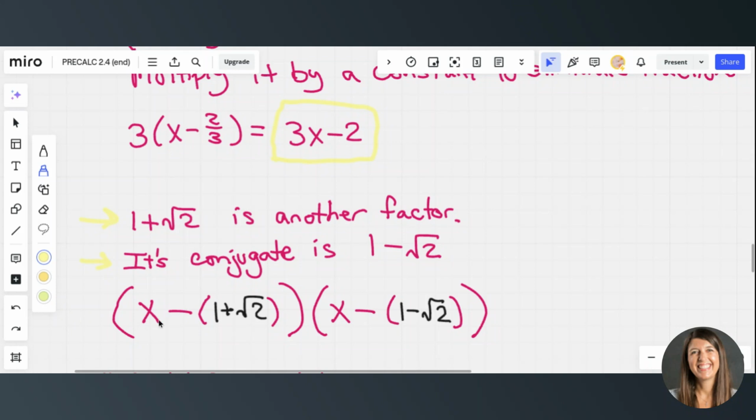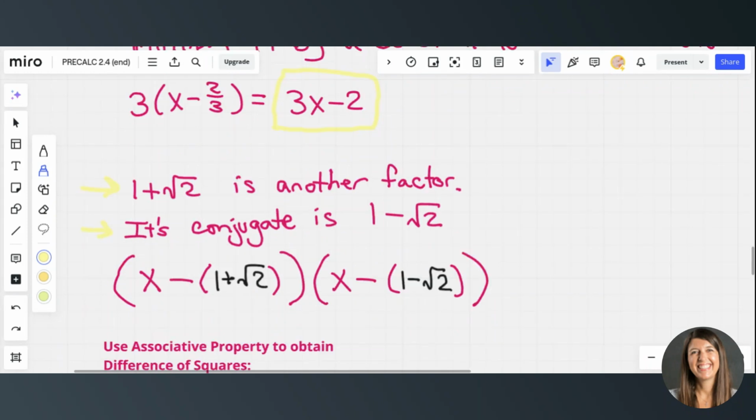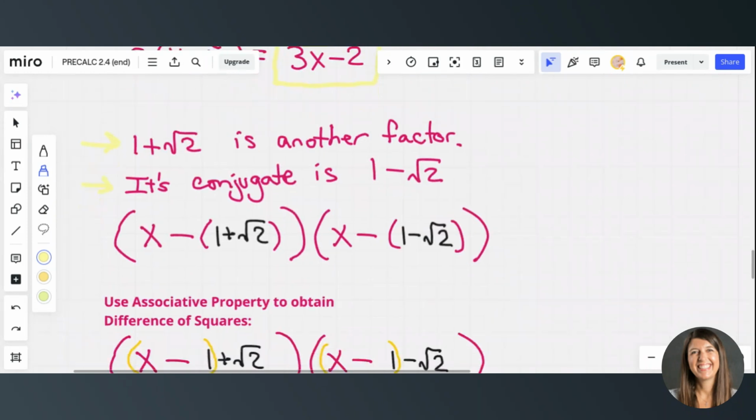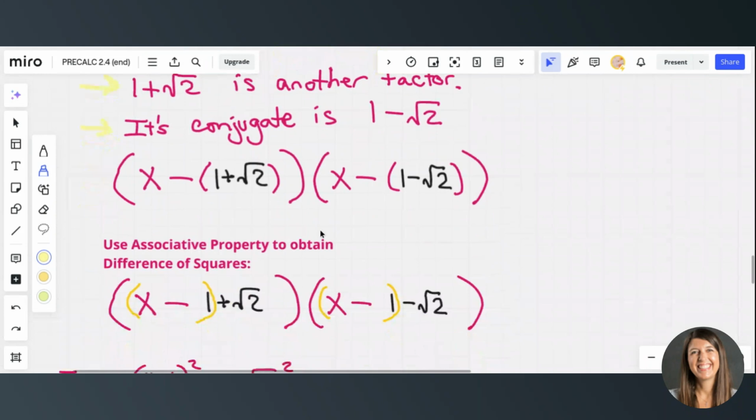So I'm going to show you, I mentioned it earlier, how to foil this. There's actually a trick. If we use the associative property, we can obtain a difference of squares. So instead of my parentheses being here and here, I'm going to use the associative property and move my parentheses over to the beginning of that factor. So it's going to be x minus 1 in parentheses and then x minus 1 again in parentheses.